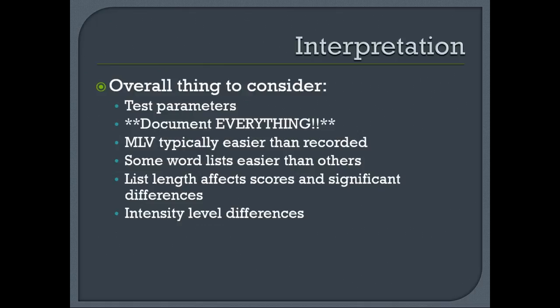The length of the list that you give affects scores and affects what a significant difference is between the scores. And this is what the Thornton and Raffin article is all about. And that's also an article people are going to refer to all the time. So essentially, if you give a 50-word list, you're more likely that the score you get is reliable.